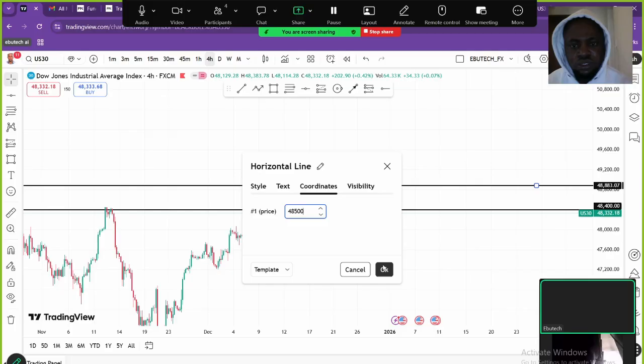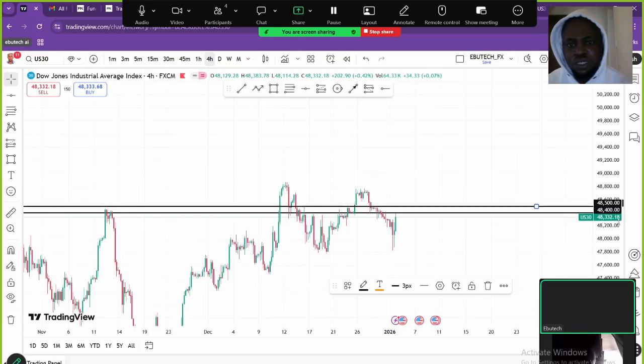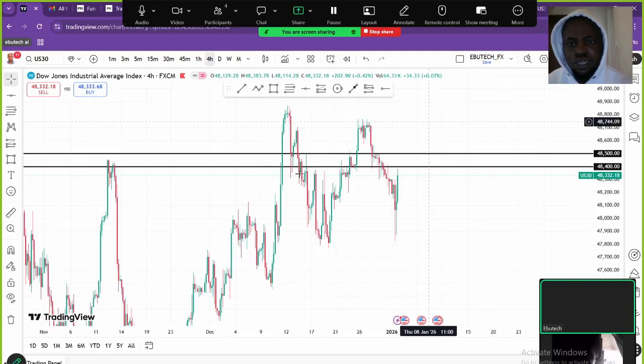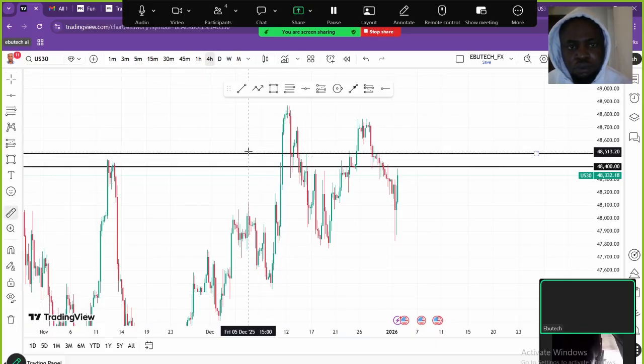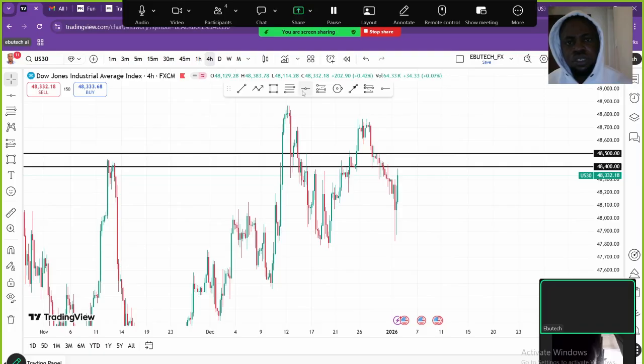Because this thing you are seeing now is already 100 pips. From here to here is 100 pips. Can you see? With this ruler that I use now is 100 pips. This ruler is what I use to identify if it's 100 pips or 50 pips or 60 pips, right? So this is the function of this horizontal line.